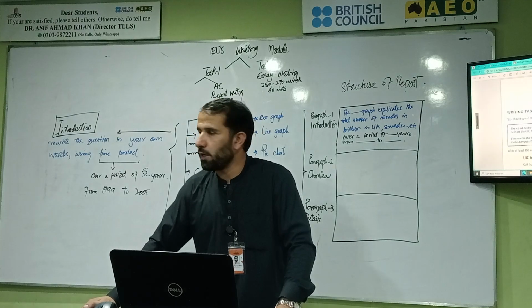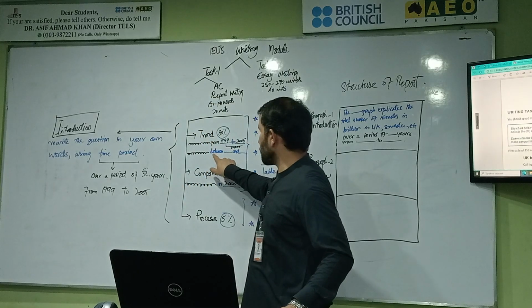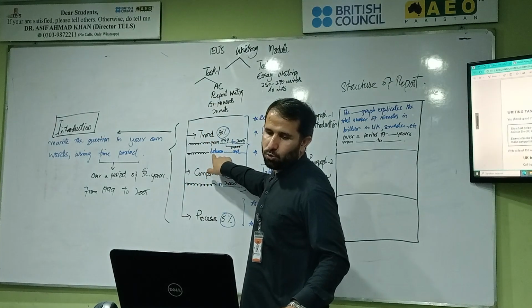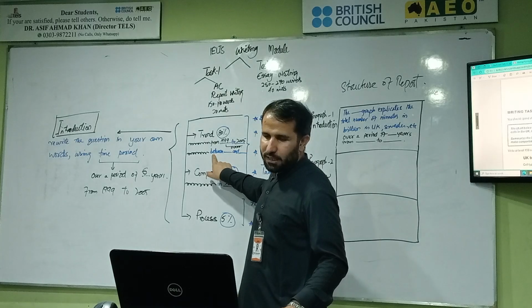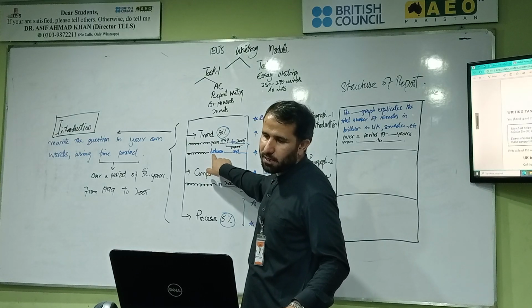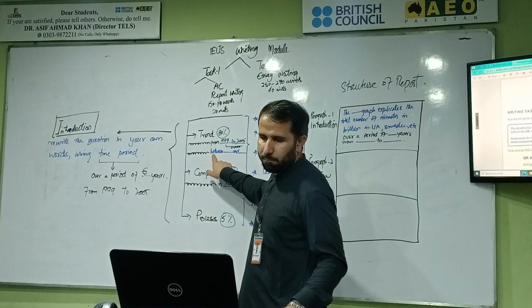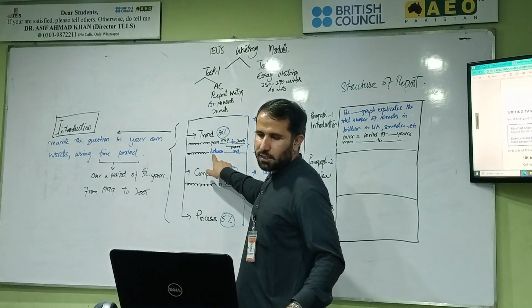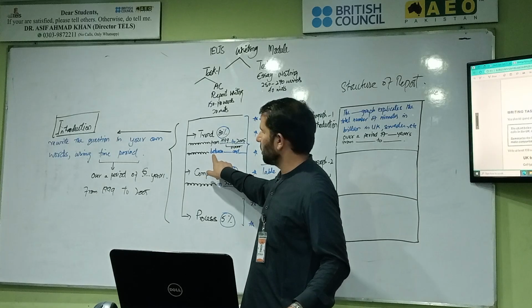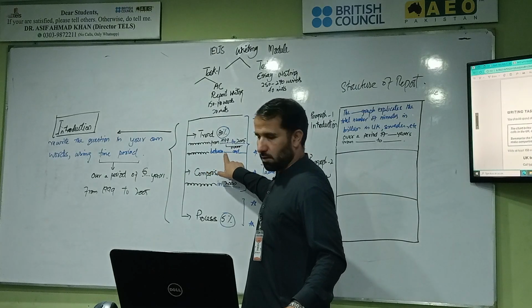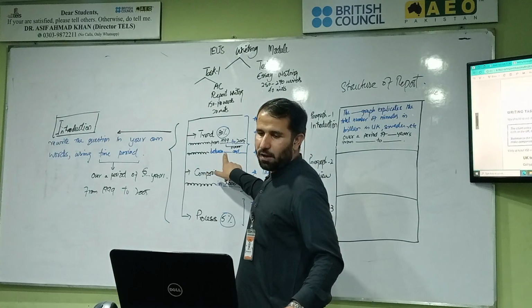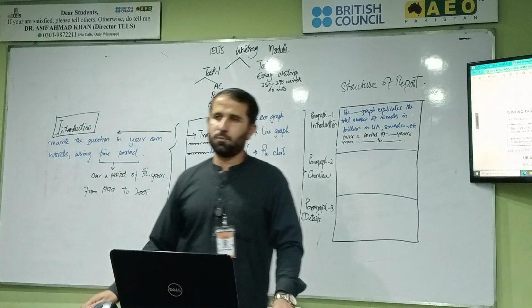If it is written between, you can use: the bar graph explicates the total number of minutes in billion of telephone calls in the UK, categorized into 3 categories, into 3 parts, between 1995 and 2002.